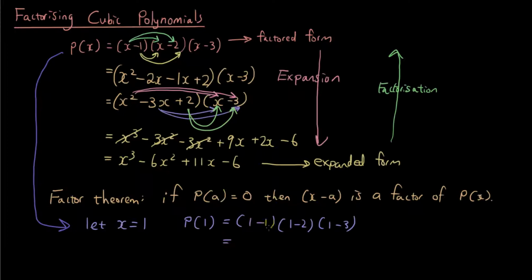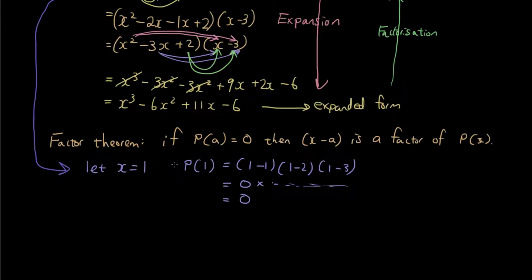Okay, then what do I get? 1 minus 1 is 0 times (1 minus 2). It doesn't matter what the rest equals because 0 times anything is 0. So, according to this theorem, we've just tested out this theorem. If the polynomial where a is the input and the output is equal to 0, so that's what happened here, right? a is 1, and when the input is equal to 1, the result is 0, then x minus a is a factor of the polynomial.